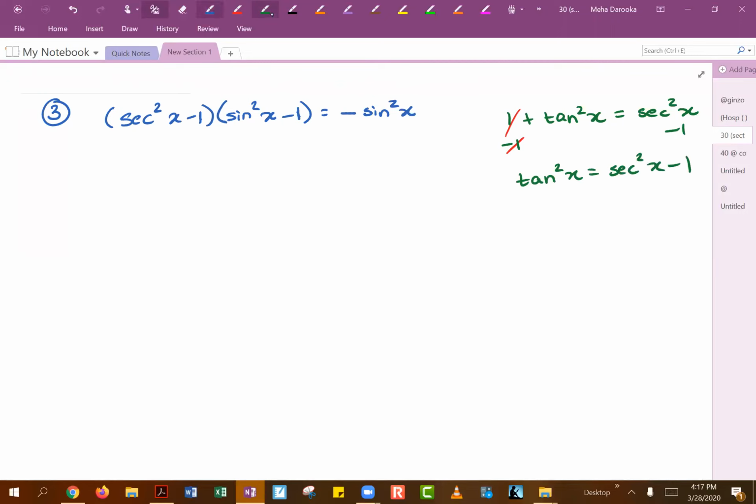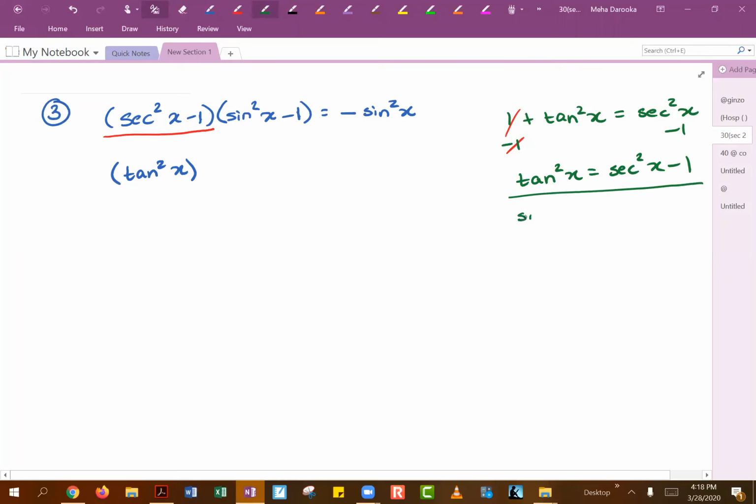So that's what we are going to use to make this little substitution happen. So instead of writing it as secant squared of x minus 1, I'm going to replace that with tangent squared of x.